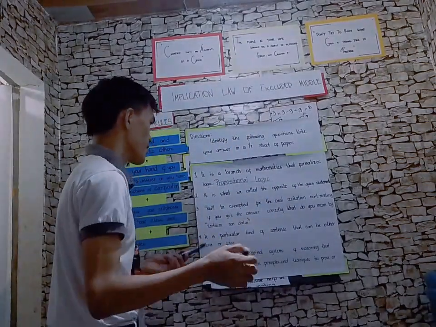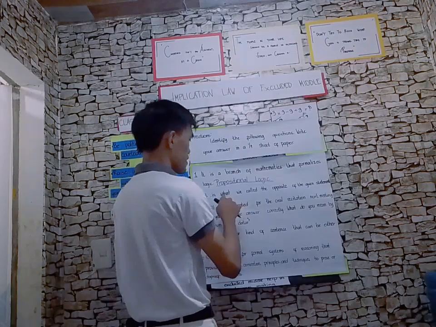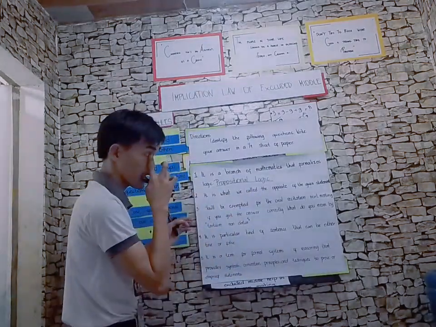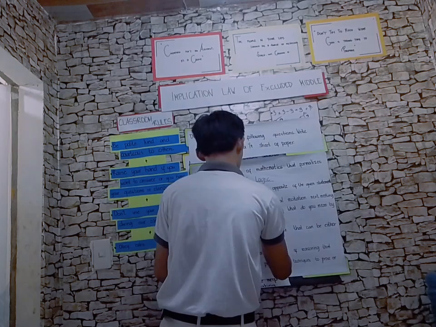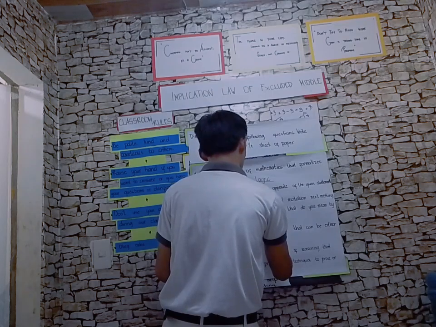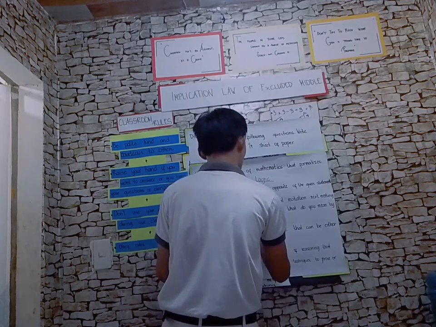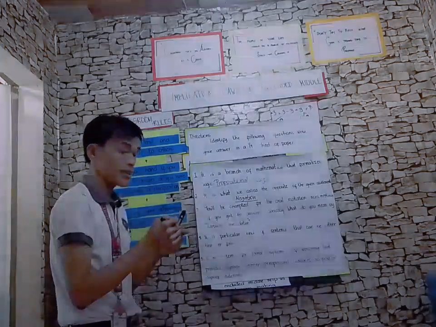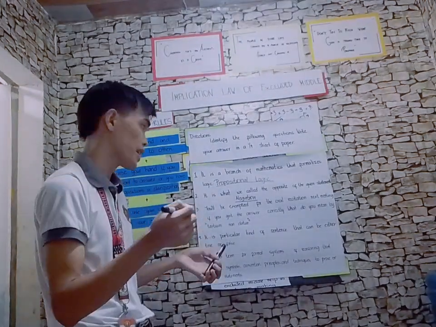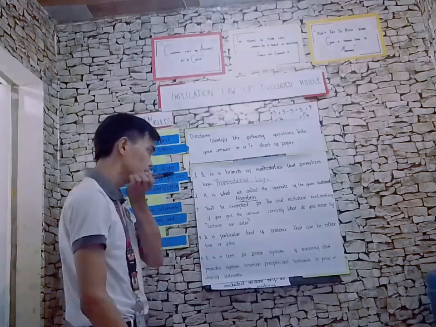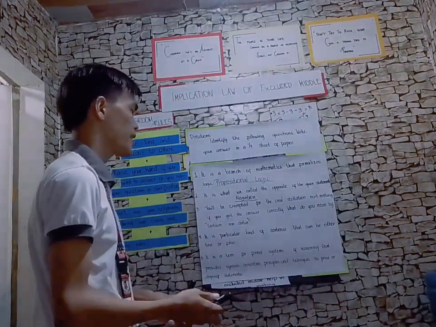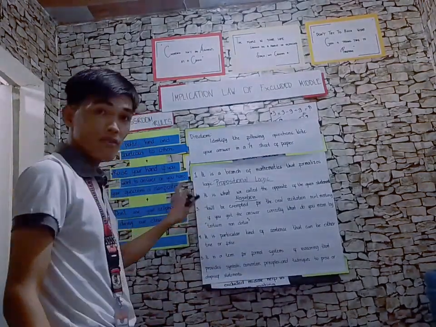Now, number 2. It is what we call the opposite of the given statement. So the answer is negation. It is the topic of Evangelista or our past topic. It is negation.